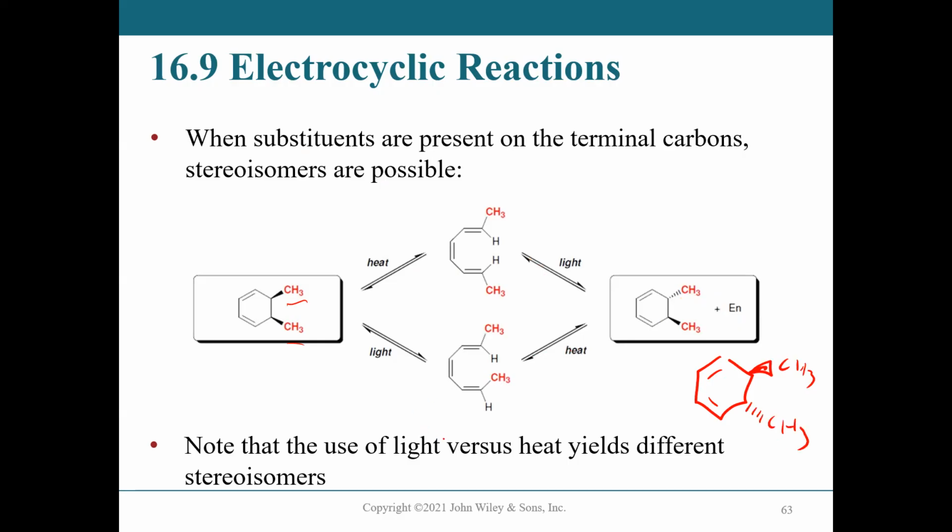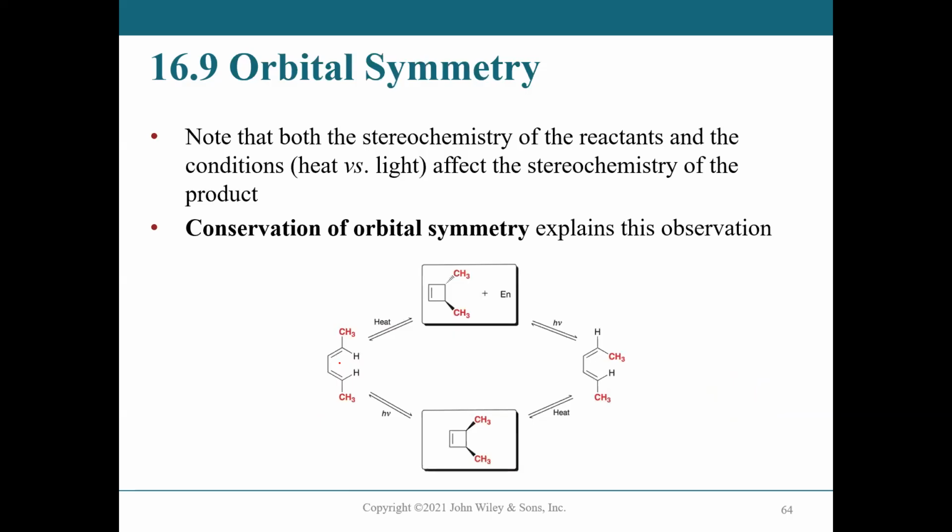It says, note that the use of light versus heat yields different stereoisomers. And they explain this by the conservation of orbital symmetry.